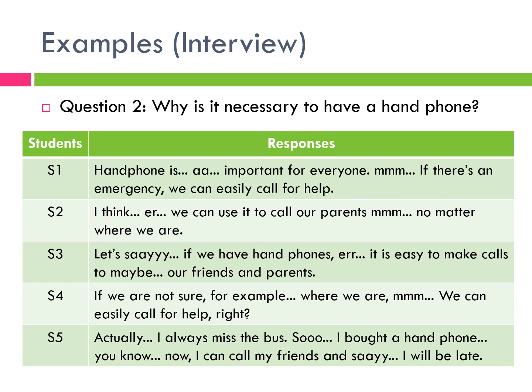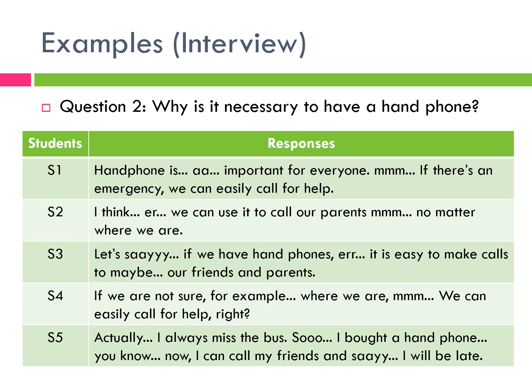Student 2, I think we can use it to call our parents no matter where we are. Student 3, let's say if we have a handphone, it is easy to make calls to maybe our friends and parents. Student 4, if we are not sure, for example, where we are, we can easily call for help, right?